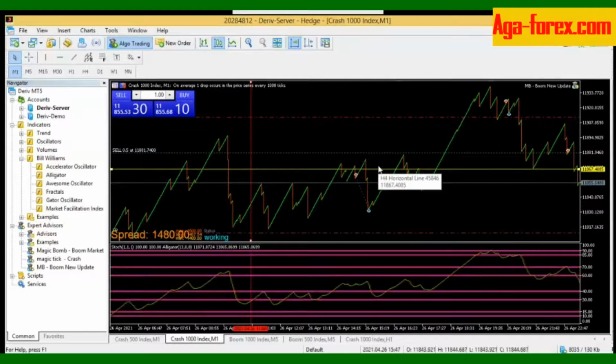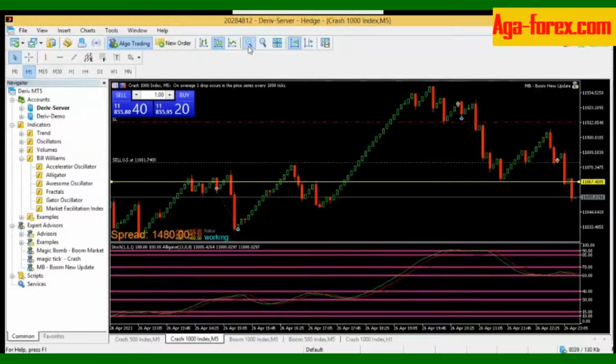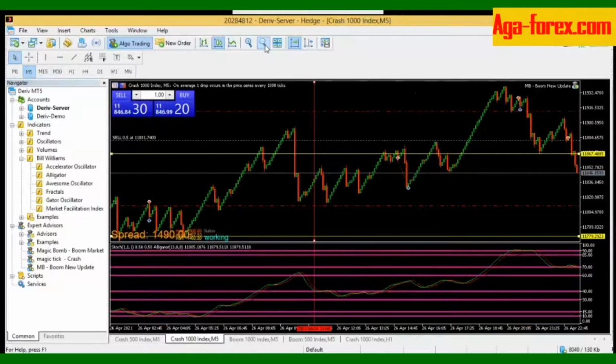So, who can explain what is an area of value for me, please? Hello? Who can explain what is an area of value for me, please?